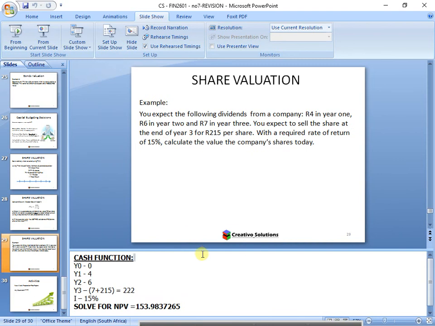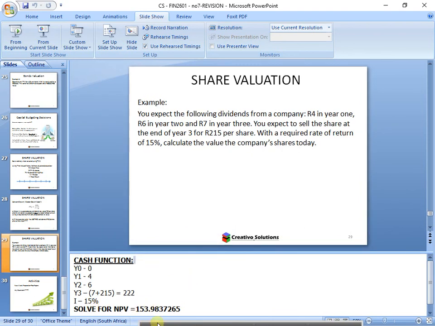Make sure you type that in correctly on your calculator to get the right NPV. Yeah, I got it. Okay, happy guys?